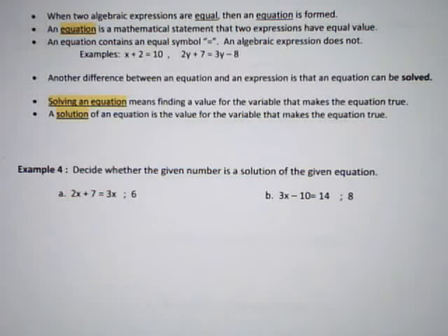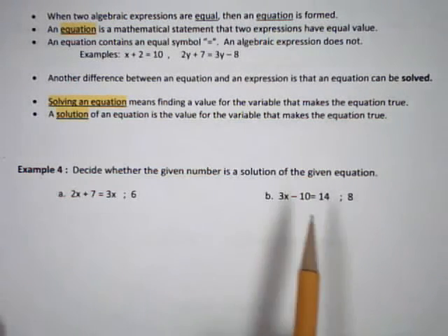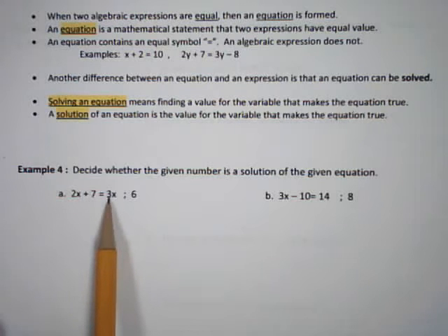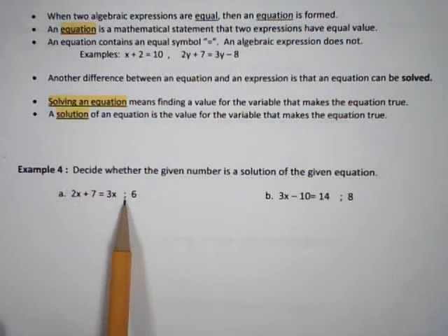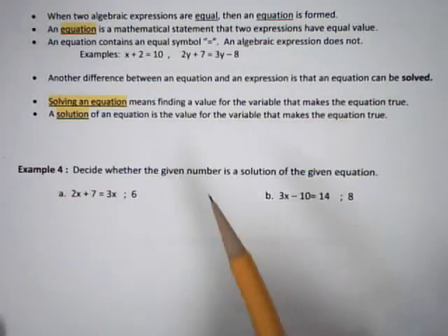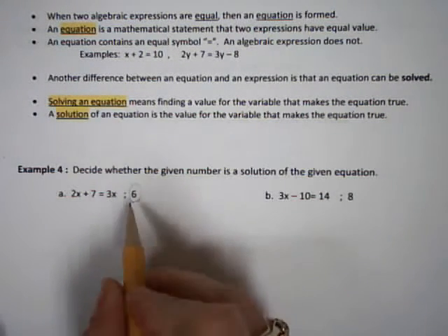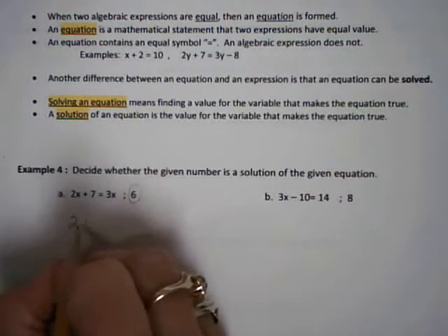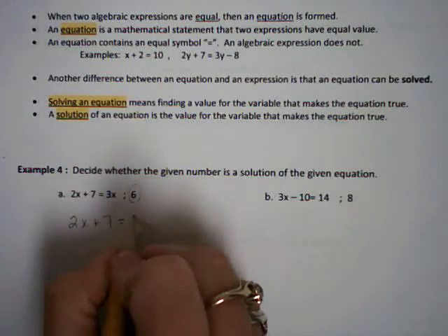Example 4 says decide whether the given number is a solution of the given equation. If you notice, it says 2x plus 7 equals 3x, and then I have a semicolon and then 6. I want to decide, is 6 a solution? So to do that, I'm going to rewrite my problem.